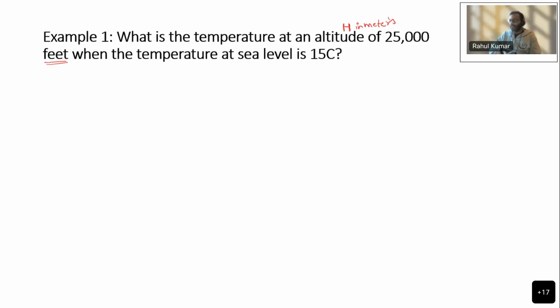What is the temperature at an altitude of 25,000 feet when the temperature at sea level is 15 degree centigrade? So the zero altitude temperature, or the temperature at sea level, T0, is also given.